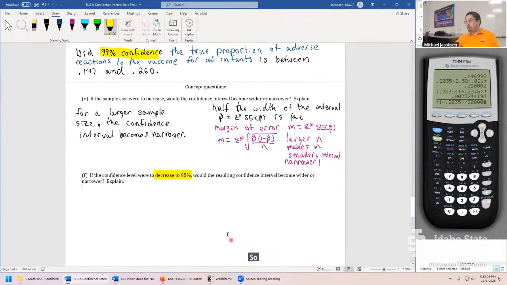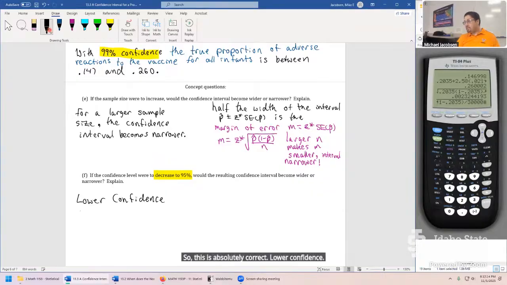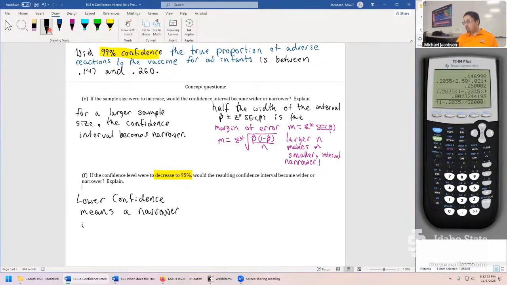So this is absolutely correct. Lower confidence means a narrower interval. And this is in part the justification of why we always state the level of confidence.